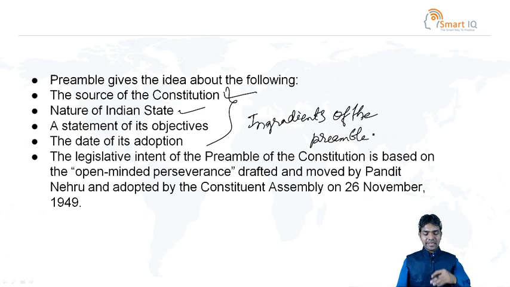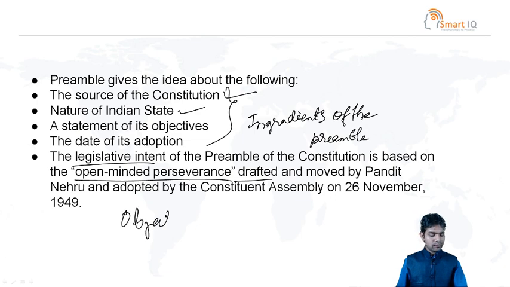The legislative intent of the Preamble of the Constitution is based on the open-minded perseverance, and it is also called the Objective Resolution. It is an old document from before the writing of the Indian Constitution.